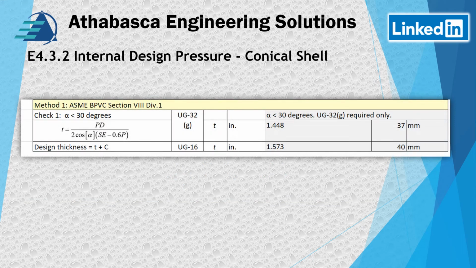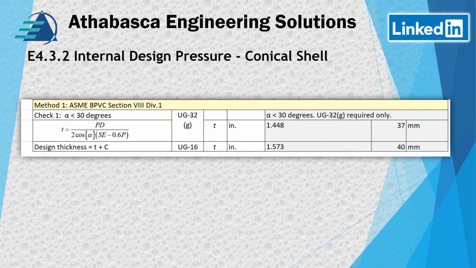So then method 1, Division 1, we have an angle less than 30 degrees. So that's the first check. That means that we can follow UG-32(g). If we have an angle less than that, we calculate with that equation there.